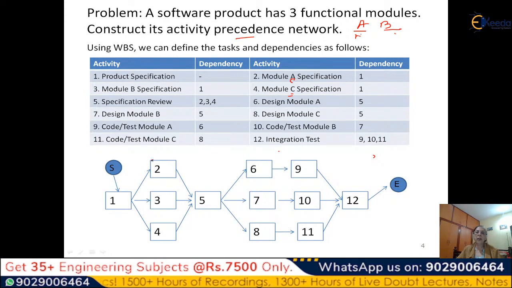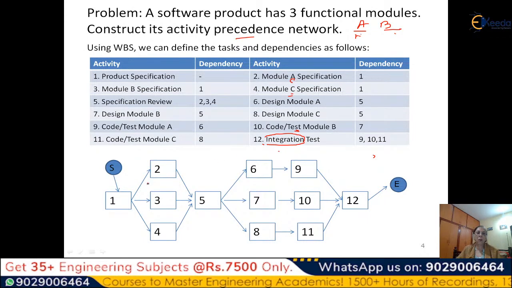So design of module A will have to precede the coding and testing of module A. Similarly, design of module B will precede the coding and testing of module B. So accordingly, an integration test can be done because we are integrating all the modules. This has to be done only after each and every module A, B, C are coded and individually unit tested. So this is your unit test of the module B.